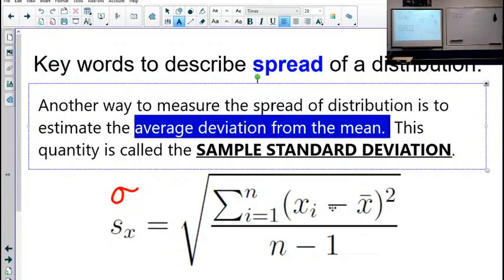So we calculate the mean and figure out how far away each number is from the mean. And that's how it gets factored into our standard deviation formula. Since we're measuring how far away numbers are from the mean, that's a measure of spread. It's a way of measuring how spread out the data is.